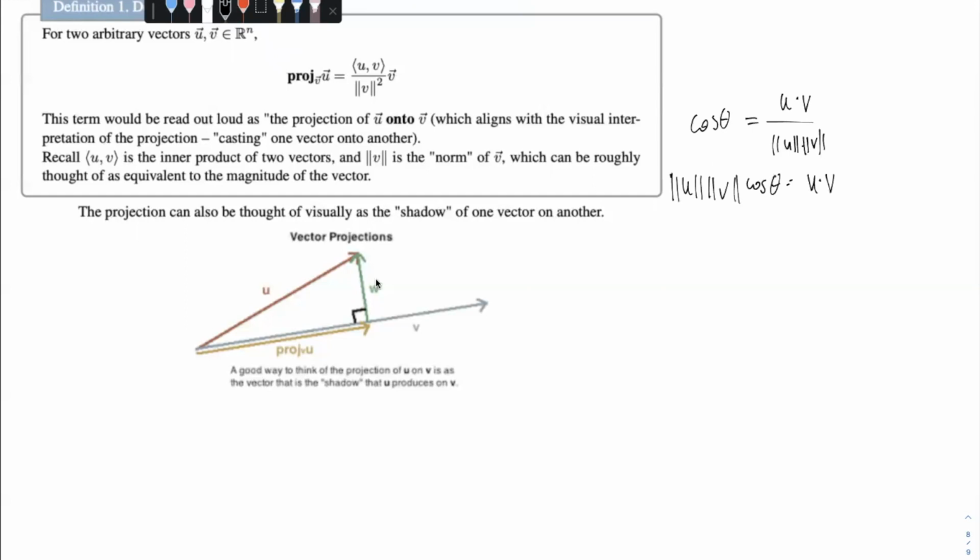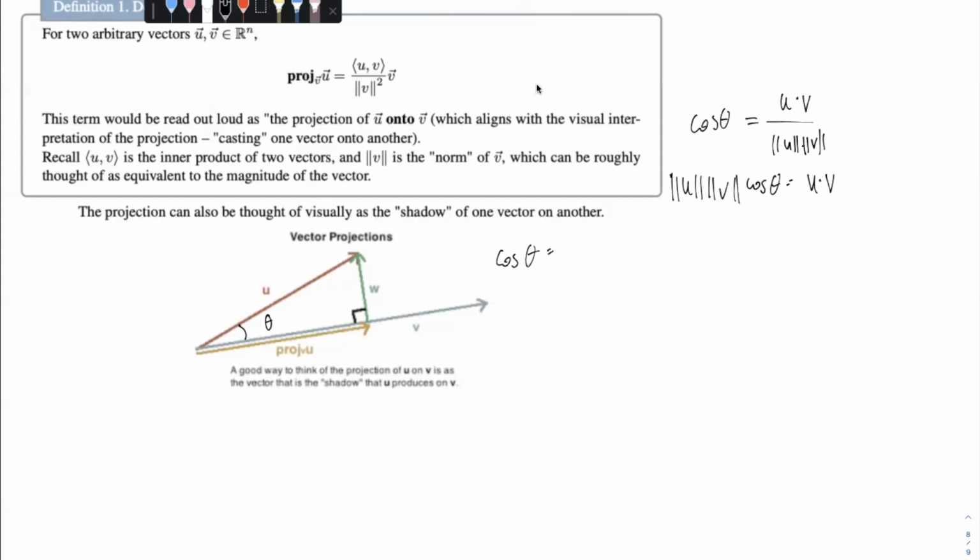So if we take this right triangle here and denote this angle theta, we know that cosine theta is the adjacent scalar over the hypotenuse scalar.